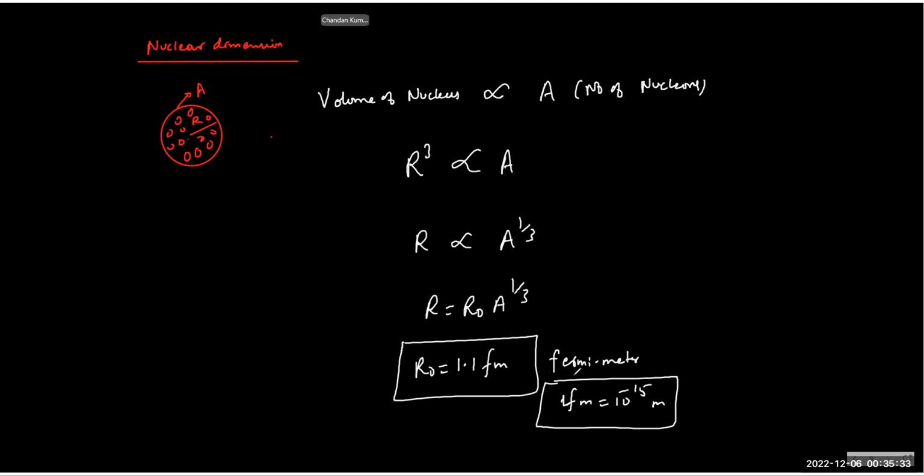So that is the smallest nuclear dimension which we can have. That is for the nucleus of the hydrogen atom. And that is precisely the radius of the proton also, isn't it? So what is the radius of the proton?